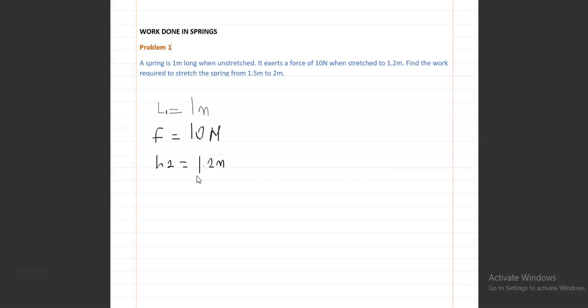We are required to find the work done required to stretch the spring from 1.5 to 2 meter.